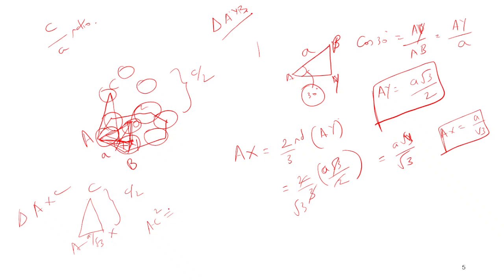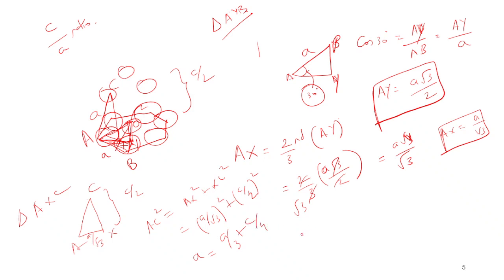So AC square is equal to AX square plus XC square. AX square is A by root 3 whole square plus XC is C by 2 whole square, right? If we simplify this, and also we take AC to be A, we get A by 3 plus C by 4.